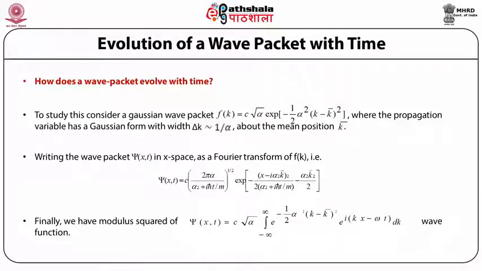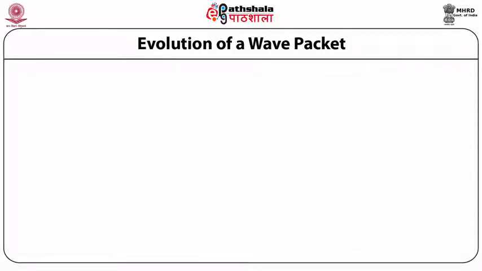Performing the integration, we get the expression psi as a function of x and t equal to C into under root alpha into the integral with limits from minus infinity to plus infinity of e to the power minus half alpha squared (k minus k bar) whole squared, e to the power i (kx minus omega t) dk. Evolution of a wave packet.